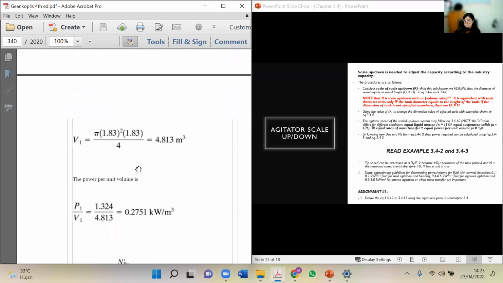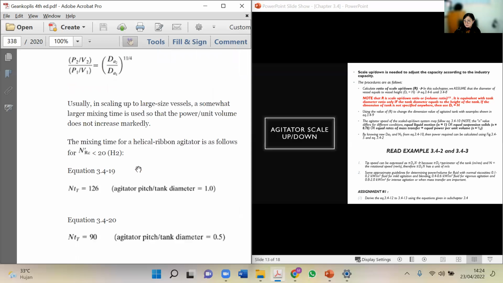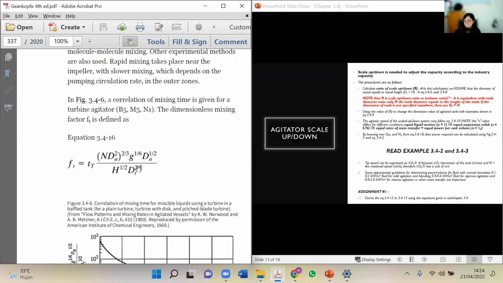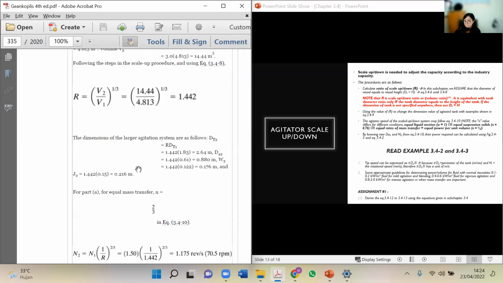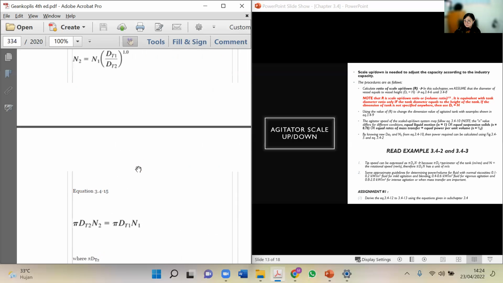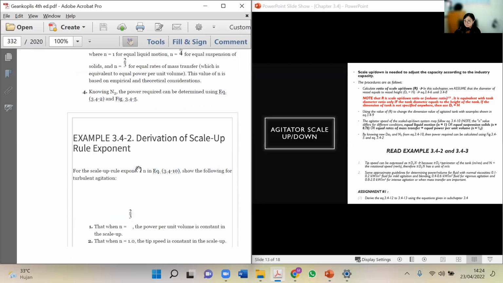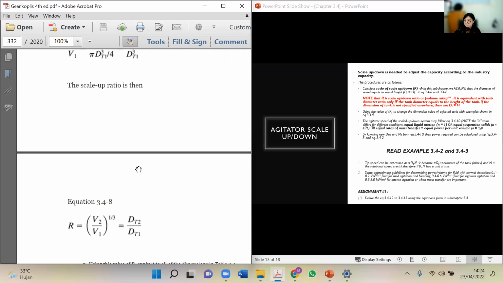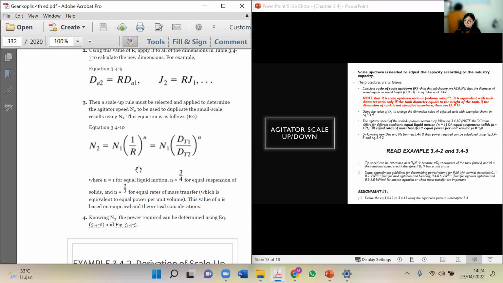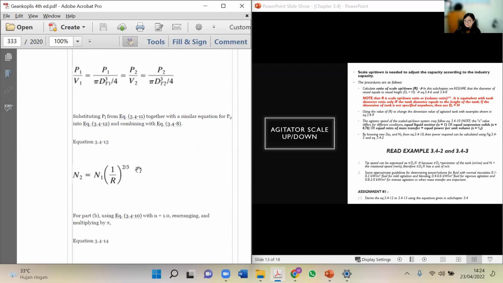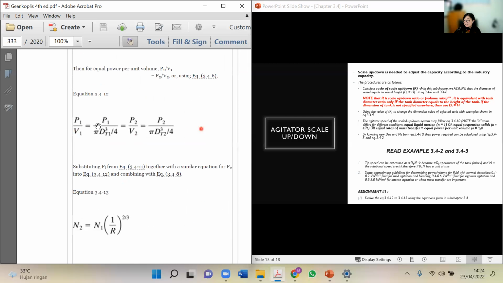Let me scroll it up. This one. From this, derive it to this.